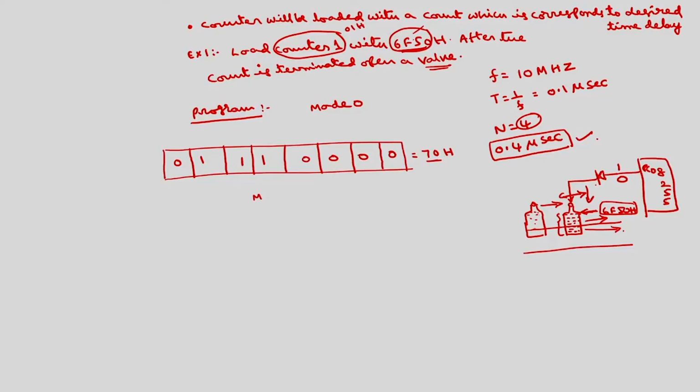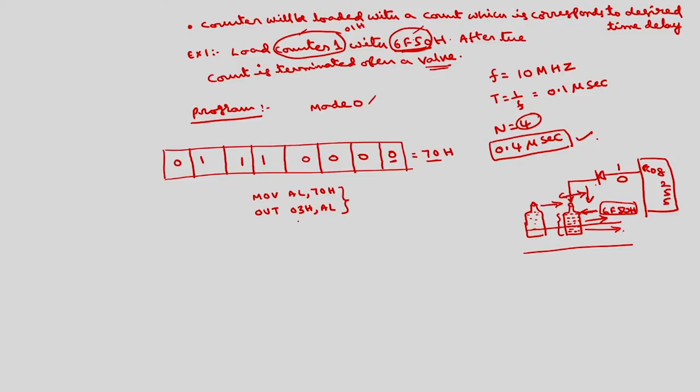MOV AL, 70H. OUT 03H, AL. So this 03H is the address of the control register. With these 2 instructions, counter 1 will be selected in mode 0 for 16 bit count. Okay. And this is binary counting.